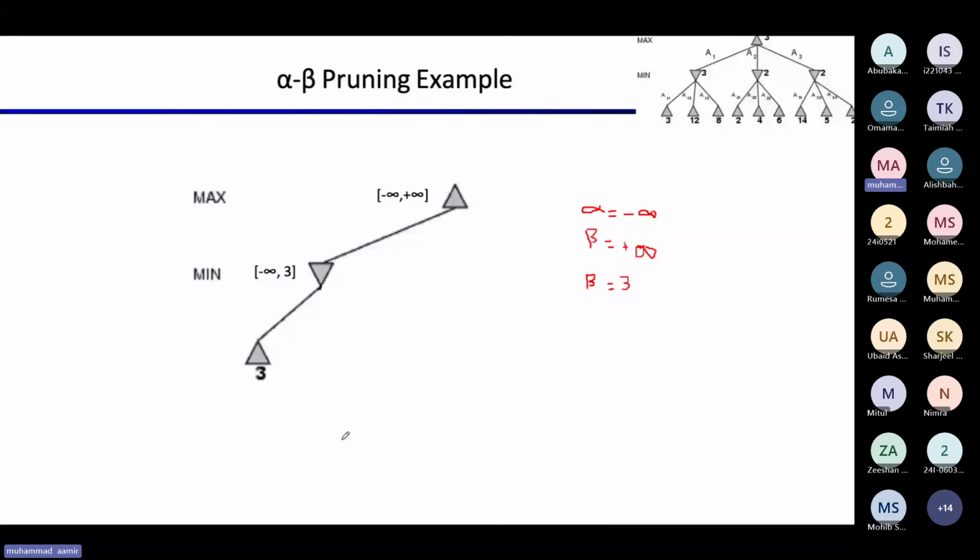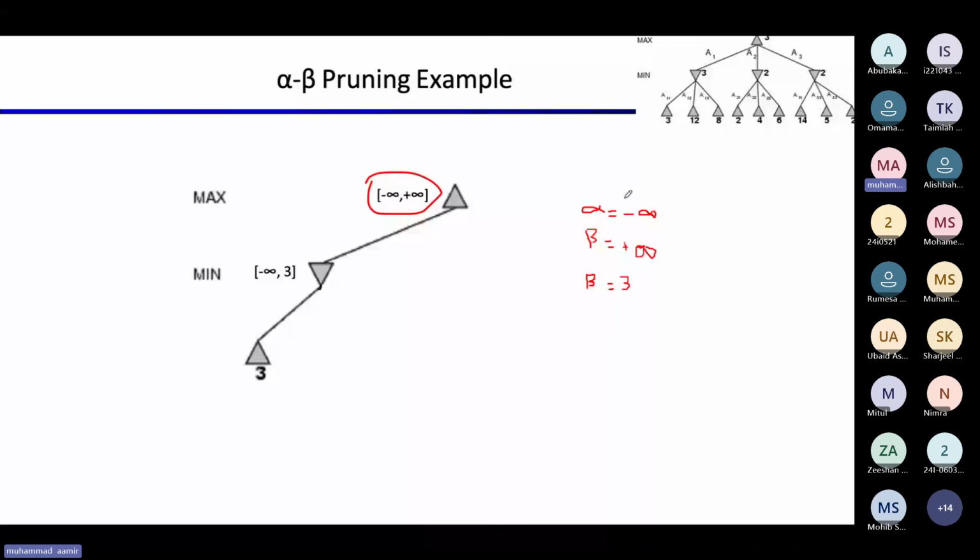We use two variables for the alpha beta pruning. This is just for your ease. This is the algorithm. We start from negative infinity and positive infinity. Alpha is negative infinity, beta is positive infinity.